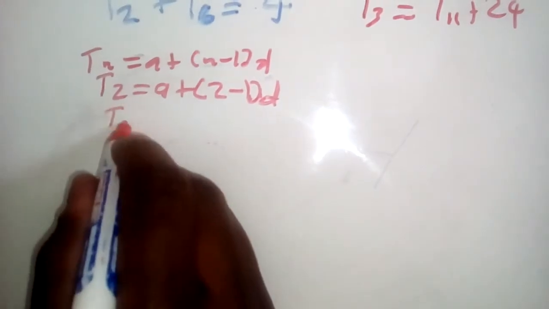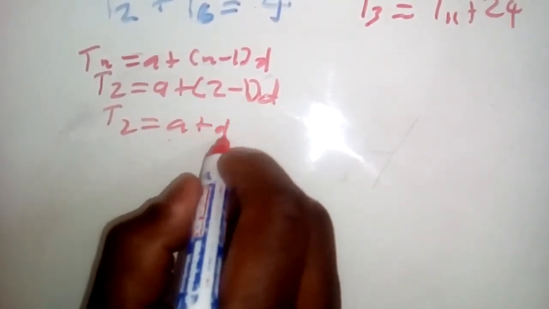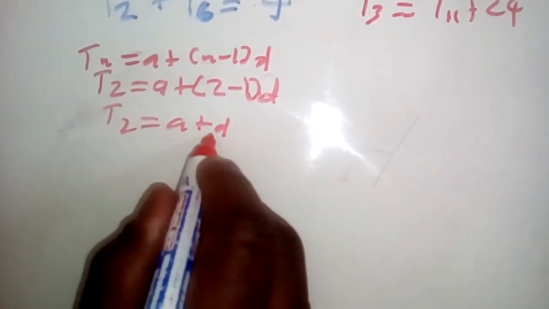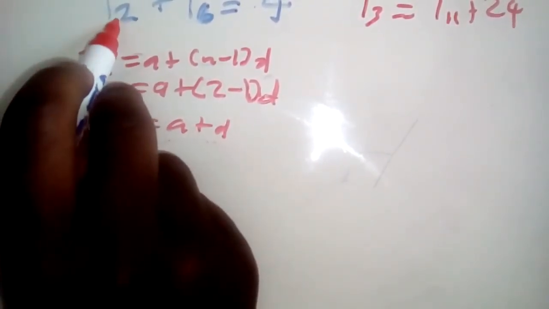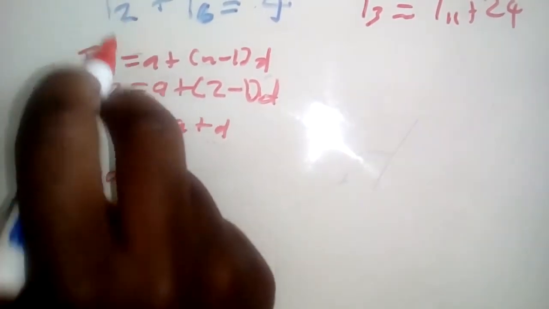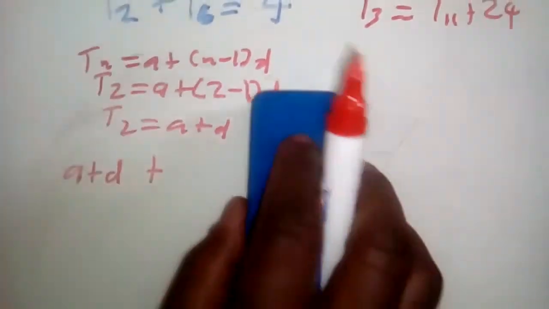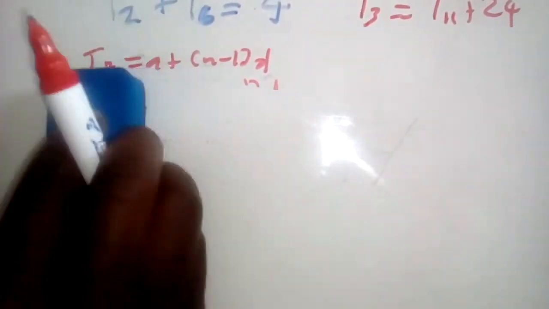Now T2 is equal to a plus 2 minus 1, which is 1, so 1 times d is just d. So T2 is equal to a plus d. In place of T2, I can put a plus d. I have to do the same for T6.